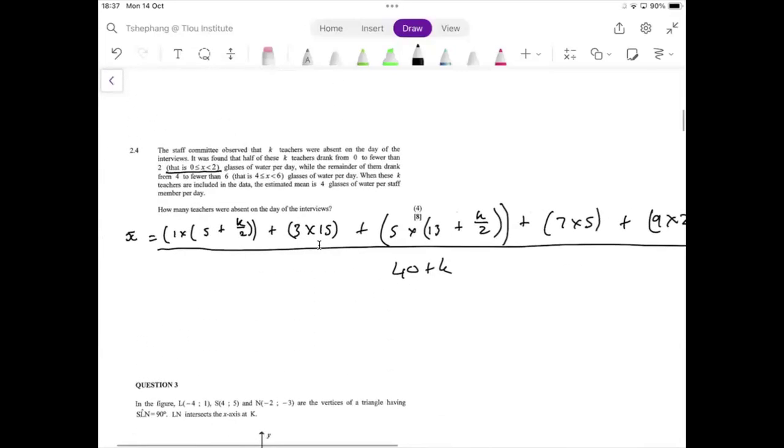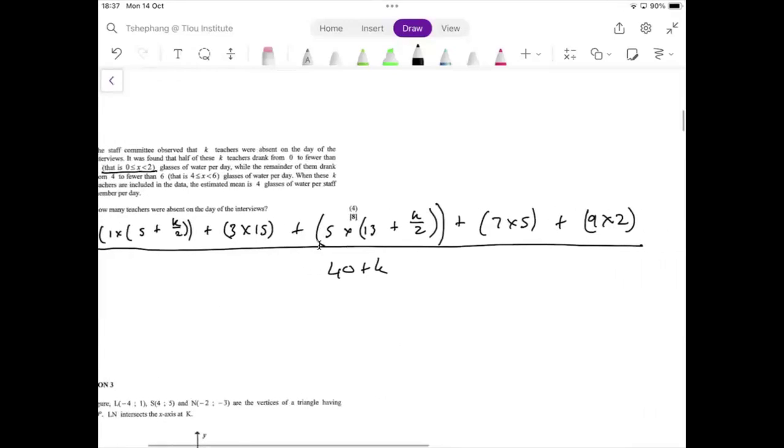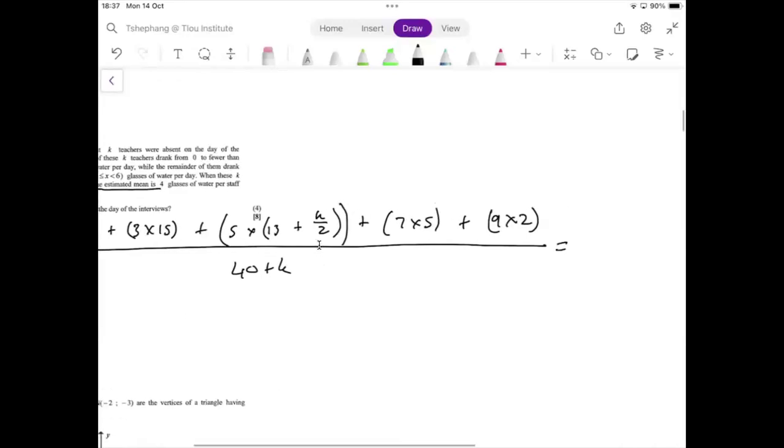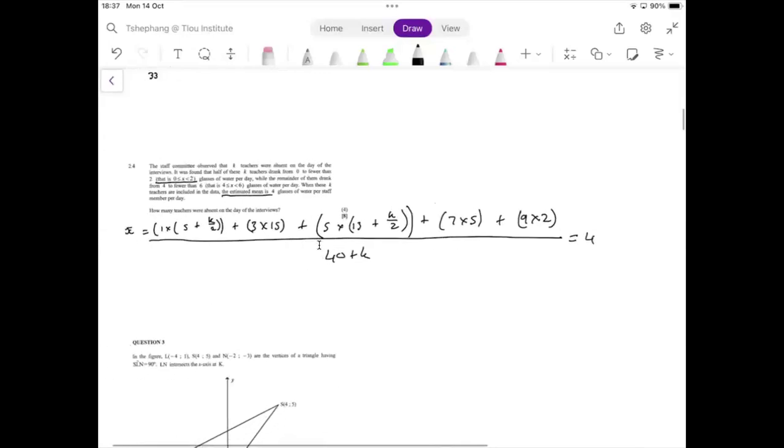Now, we know that the estimated mean is 4, meaning that I can immediately say this is equal to 4. The reason I'm equating it to 4 is because they told us that the estimated mean is 4. I know it's a long calculation. Now it's just a matter of simplifying this. It's purely mathematical now.